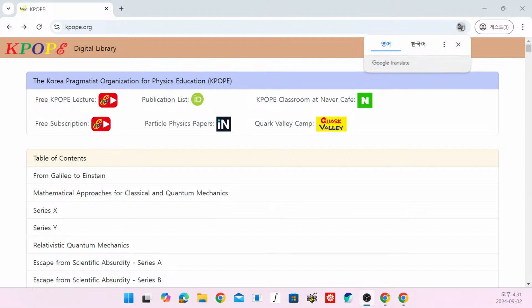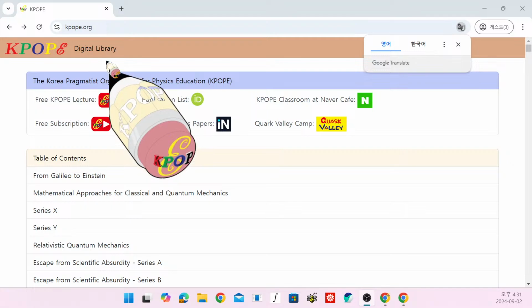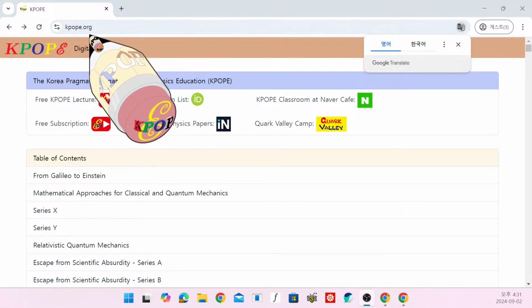Okay, let me explain the K-pop digital library first. Every K-pop class has its own library. The common library is called K-pop Digital Library. And its address is kpope.org.